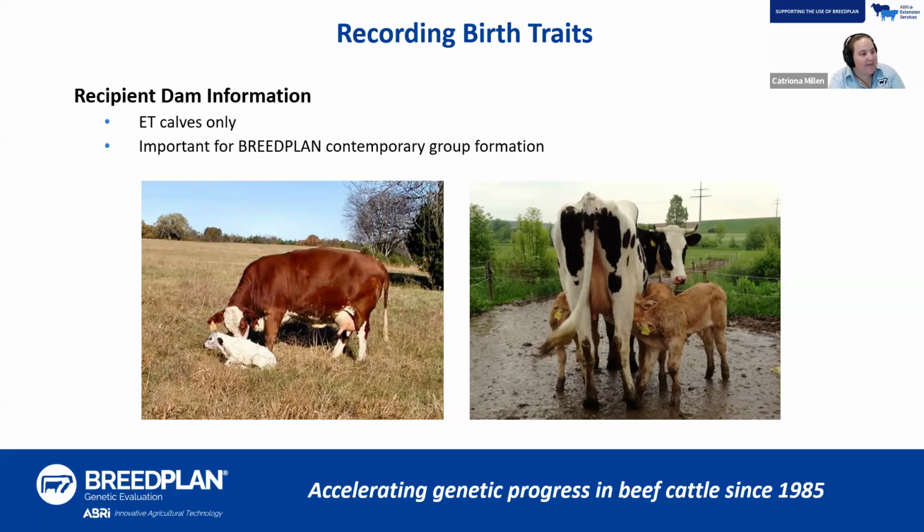When we are thinking about recip dams, for those of you that are doing ET programs, where possible, it's really good to use recips all of the same breed. That just stops us separating them because of different breed effects. So if you can use recips that are all the one breed, that's really fantastic.